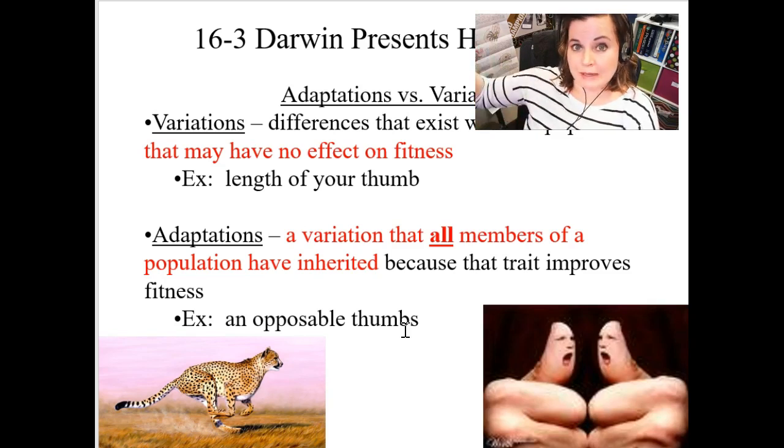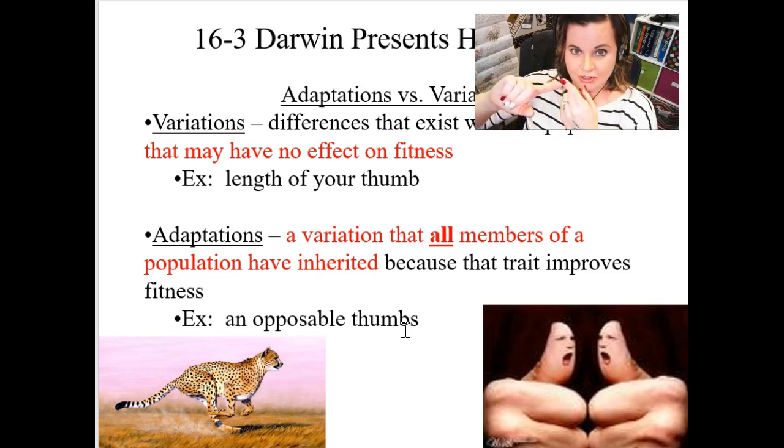And then those traits become more common, and you see a change, you see evolution, a change in the frequency of those traits. As I called it, a change in the allele frequency of that phenotype, right? That's evolution.